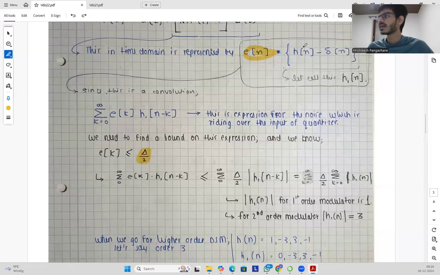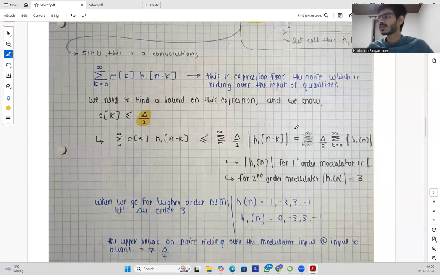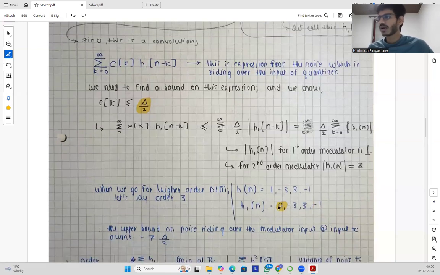And as we said, h of n minus delta n is h1 of n. So h1 of n for third order is 0, minus 3, 3 and minus 1. So the upper bound on noise riding over the signal at the input to the quantizer is 7 delta by 2. This is coming from here.